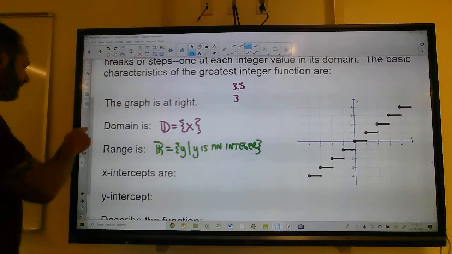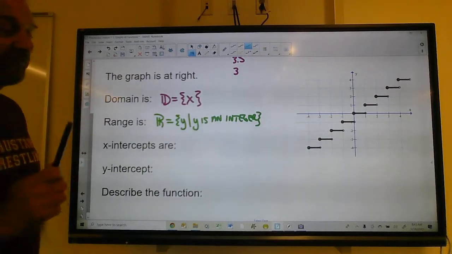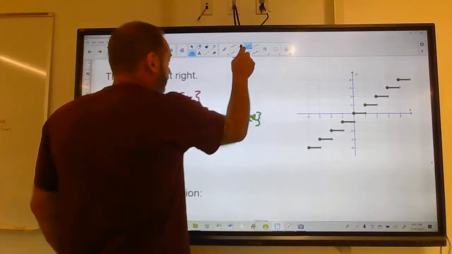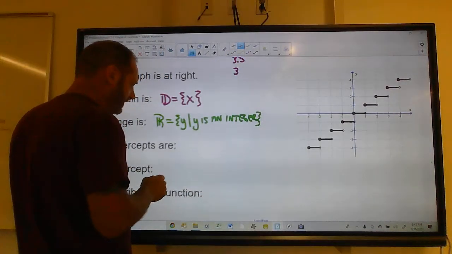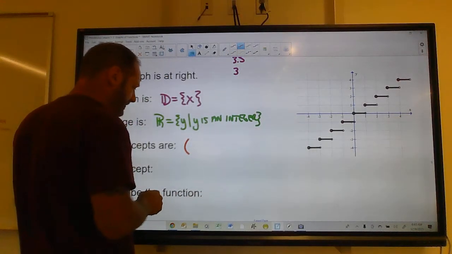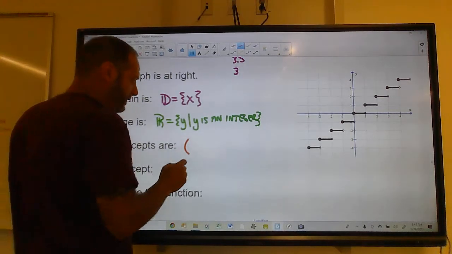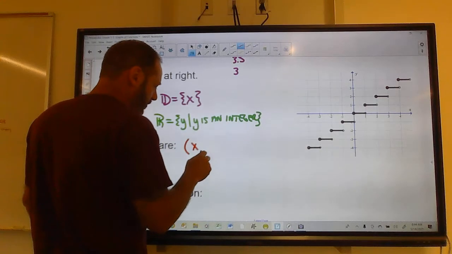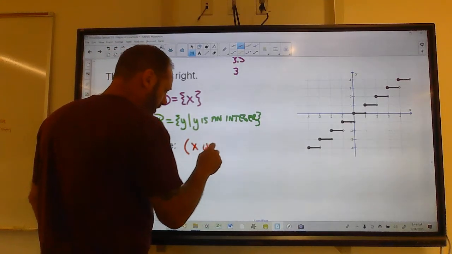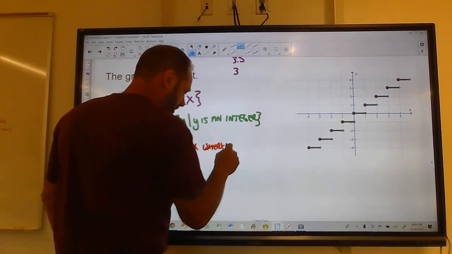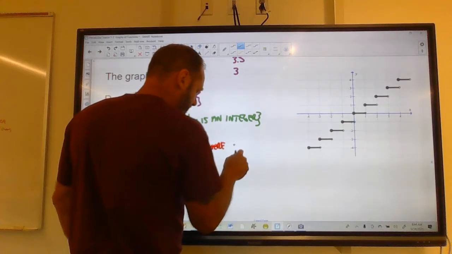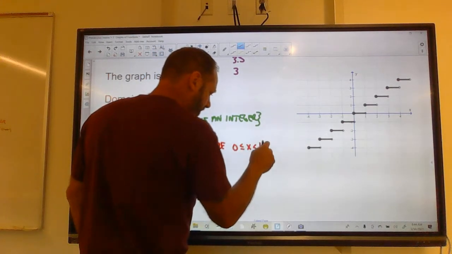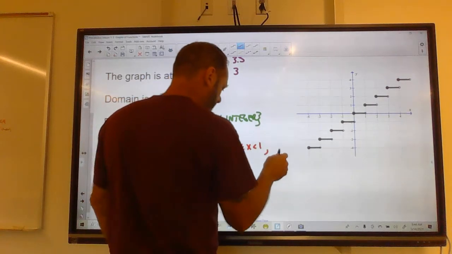Okay, the x-intercepts. This has an infinite number of x-intercepts. The x-intercepts would be, how could I write this? I could write this as x where 0 is less than or equal to x is less than 1, comma 0.